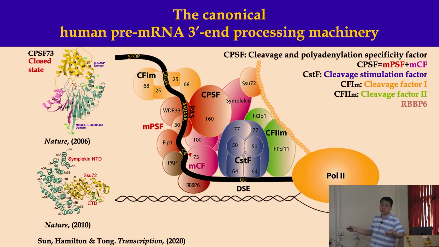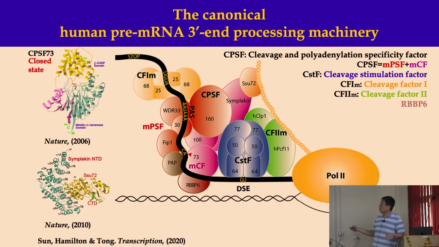Each little bubble is a repeat of 7 amino acids, a consensus repeat. And many of them have either tyrosine, serine, or threonine. So you can imagine they're all hydroxyls. They all can be phosphorylated. So the phosphorylation and dephosphorylation of the CTD controls the function of Pol II.